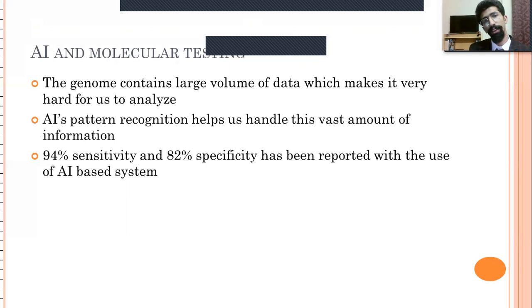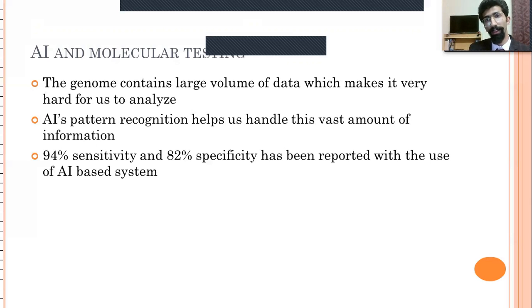In the molecular testing, we actually analyze the genome of the patient, but the genome has a vast amount of information, and it is very hard to analyze the entire genome.